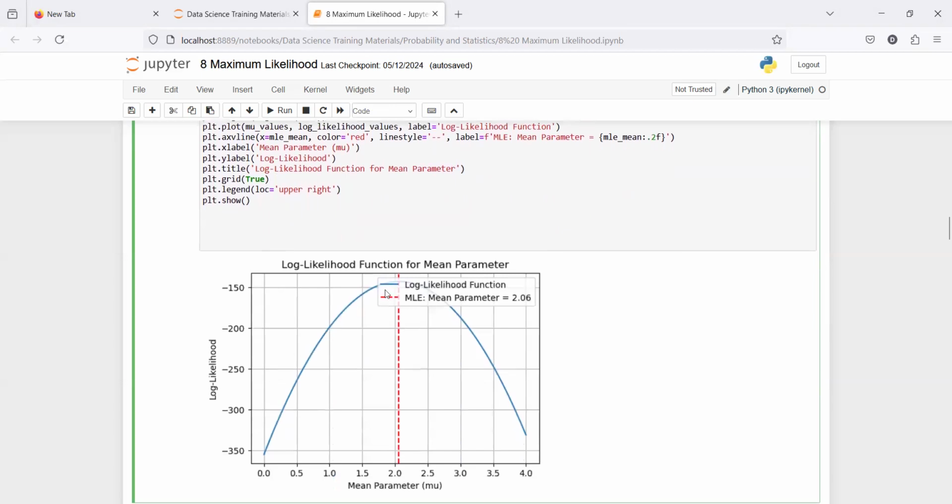And we find that it's maximized at negative 150. I mean, obviously, given the scale of negative 150 to negative 350, this was going to be the maximum. They do use a term like minimizing the negative log likelihood. If we minimize the negative log likelihood, that would also give negative 150.